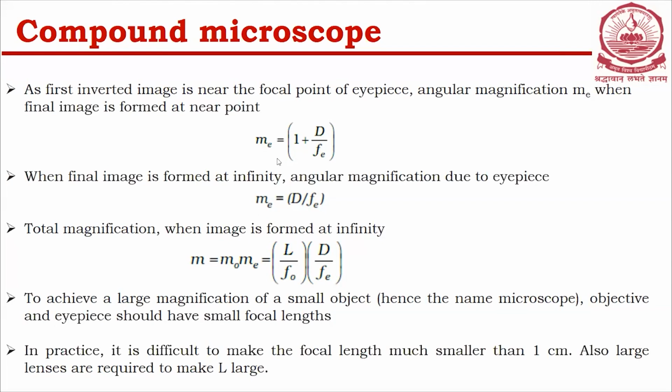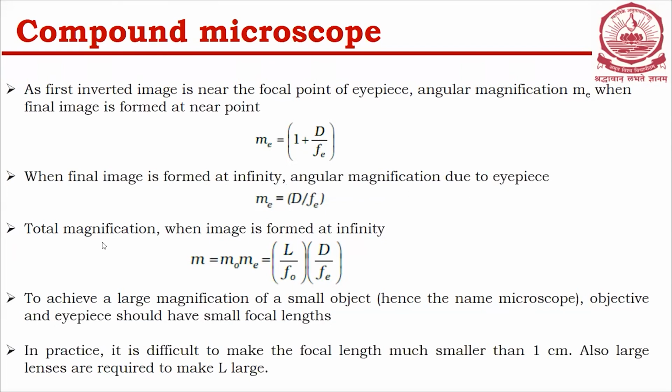You know the relation for angular magnification, M is equal to 1 plus d by fe, where d is the near point. Because the final image is formed at infinity, it is approximately d by fe for the eyepiece.